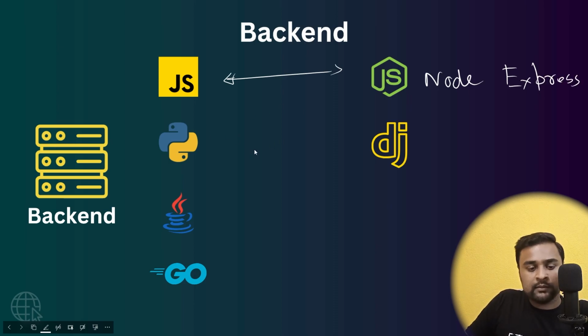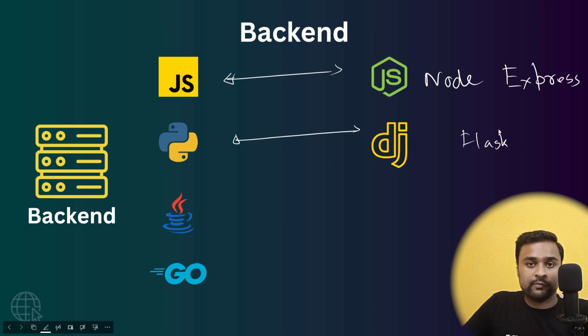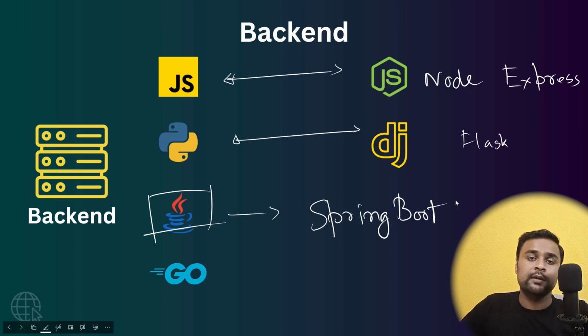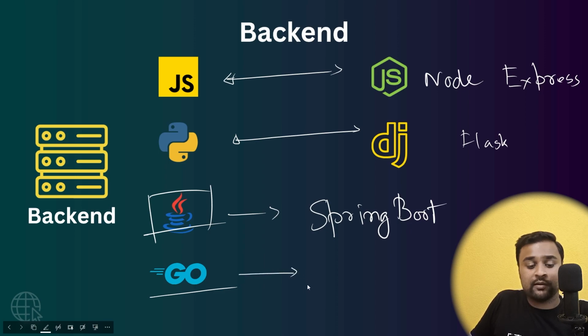If you know Python, there are frameworks like Django or Flask, so using that also you can create backend or server side applications. Then if you know Java, Spring Boot actually is the framework for Java. Using Spring Boot you can create a server, and Go is also a very fast, reliable language.